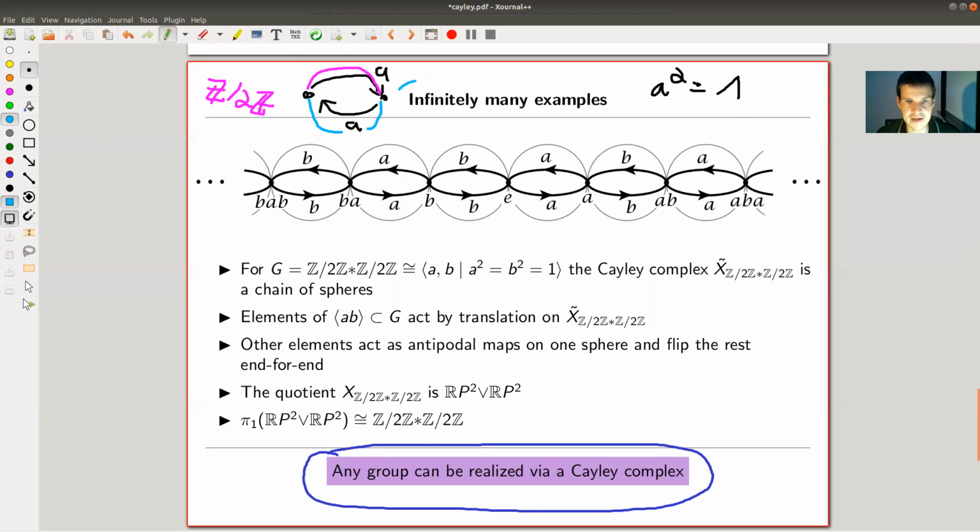And what you get here as X tilde for Z mod 2 is the sphere S2. And the action of Z mod 2 is the antipodal map on this space. So the quotient you were looking for, X_G, is the projective plane. This is RP2, right?